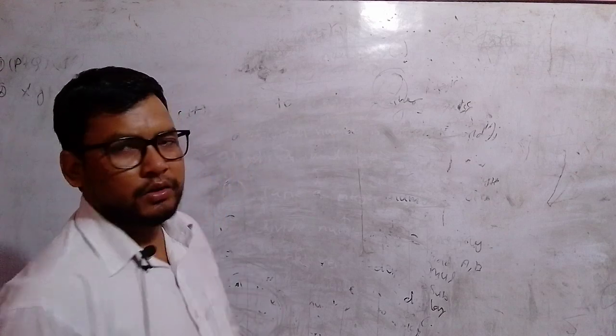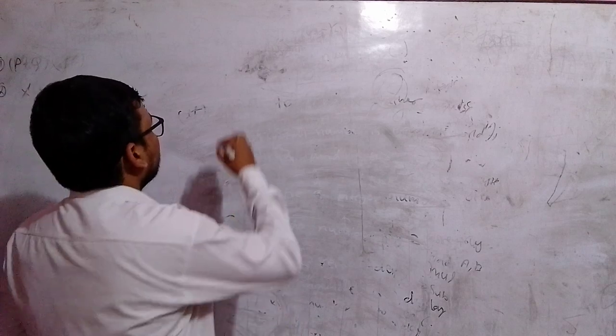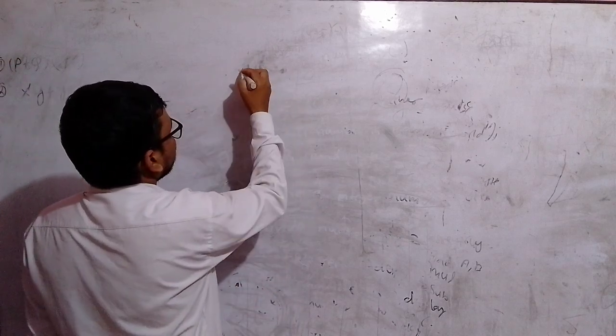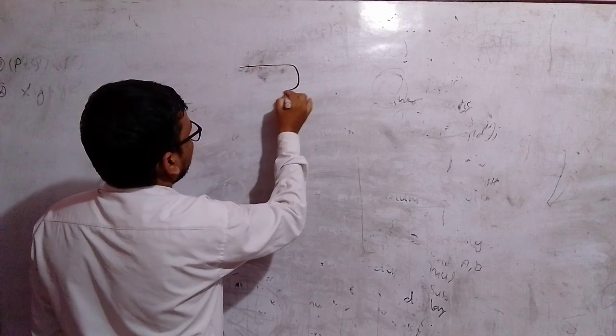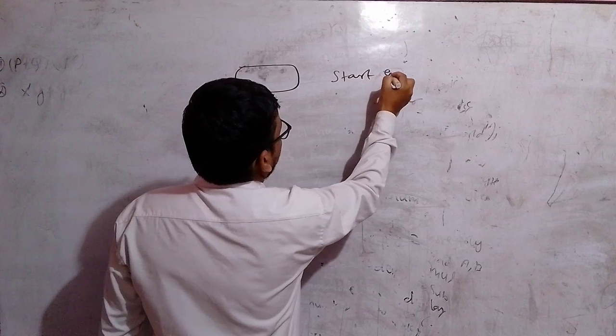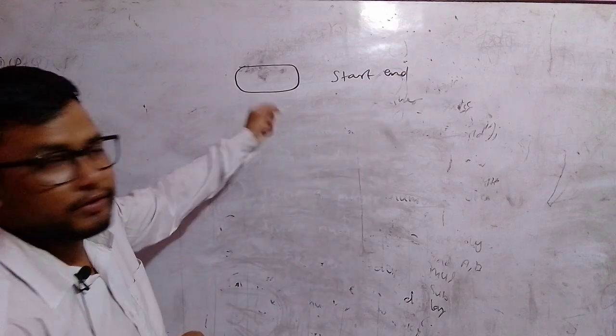Now, what are the symbols in the flowchart? Let's draw. Oval: start, end. This represents the start and end of the flowchart.